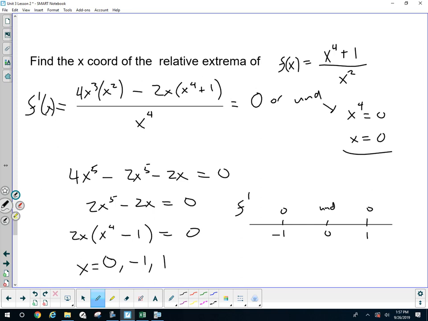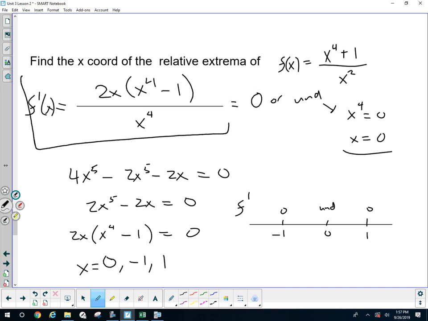Now, keep in mind we do have a denominator. It actually doesn't matter for this situation, but for future ones, sometimes it would. This is my simplified f prime. And I took that, which was that simplified, put it right back there.